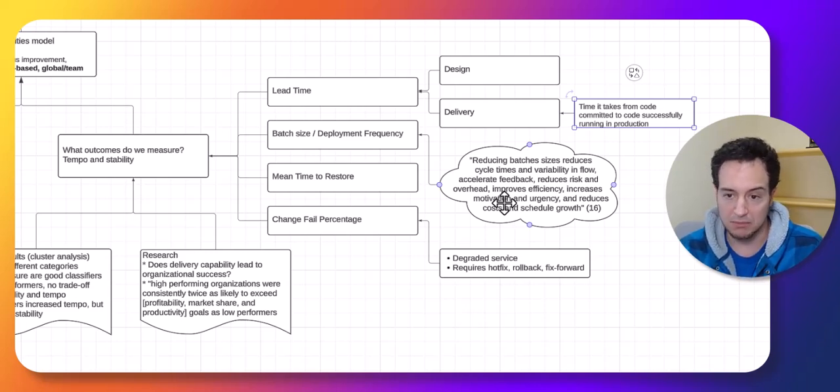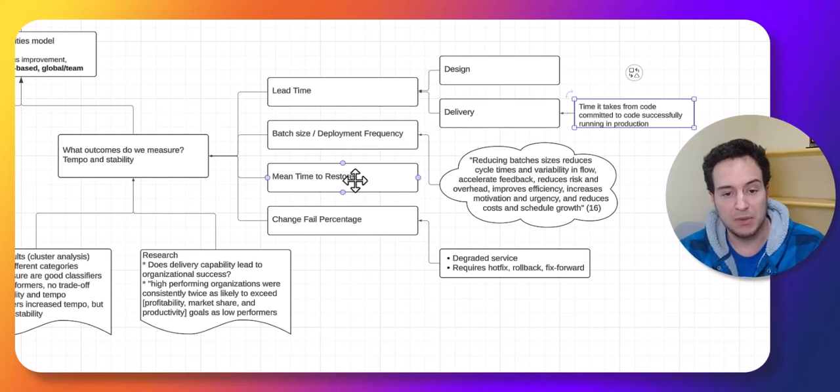So they see batch size as a key concept. But in software development, batch size is too fuzzy to really calculate, and so the proxy is deployment frequency. If you are deploying frequently, it means your batch sizes are small.